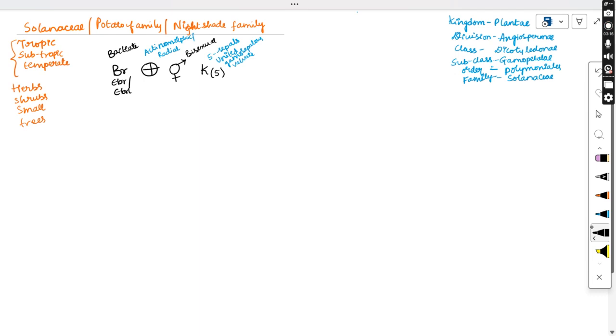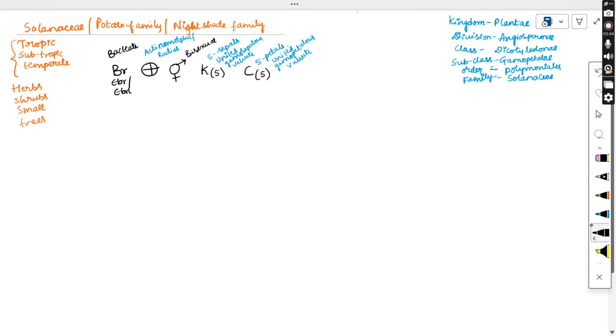Coming to the corolla, the corolla is also of 5 and it is in fused condition. The individual members of the corolla we call petals. A total of 5 petals are there in the corolla, and they are also united, and this condition is gamopetalous. Fused petals are present, and it also shows the valvate type of estivation, same as the calyx.